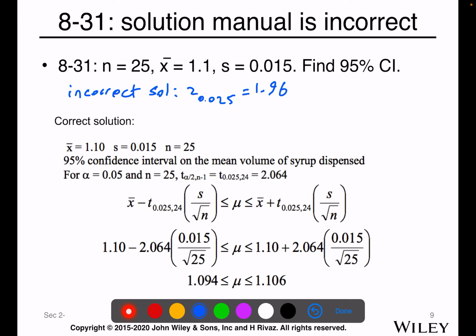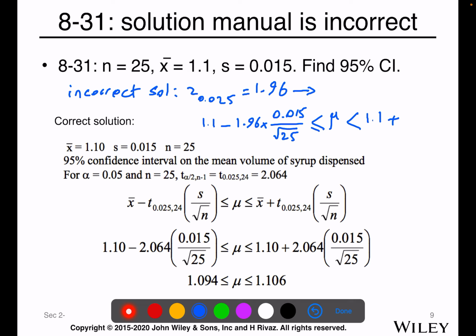So the answer that we would get would be quite similar to the answer here. Based on this, we will get 1.1 minus 1.96 times 0.015 divided by square root of 25, and the other side will be 1.1 plus the same thing.